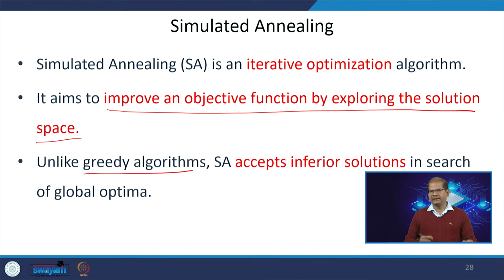The greedy algorithm will never accept a solution with inferior value. It always looks for the best solution at each step, but simulated annealing accepts inferior solutions in the search of the global optimum.